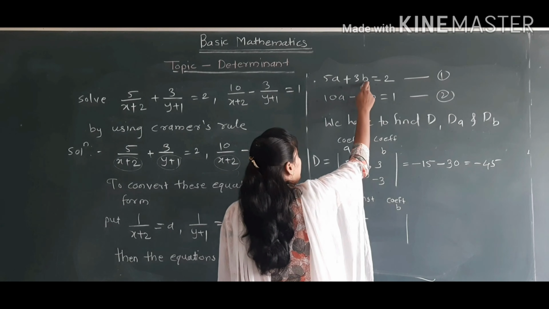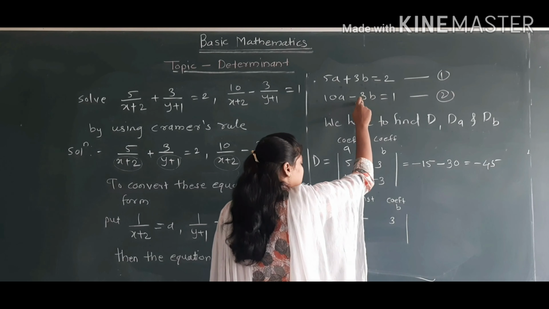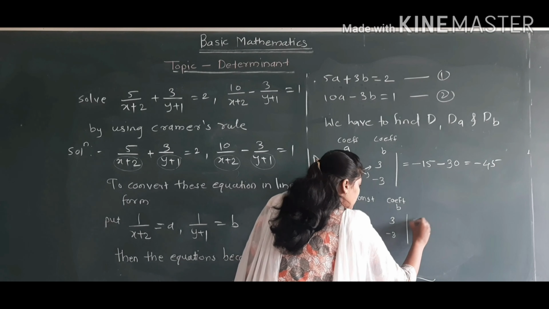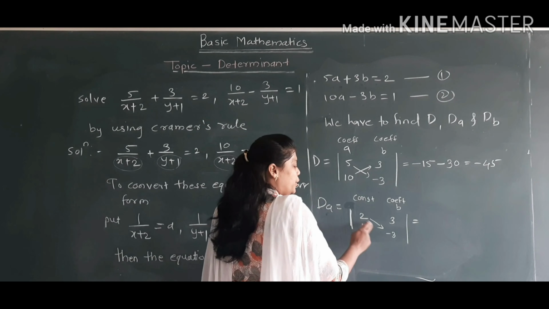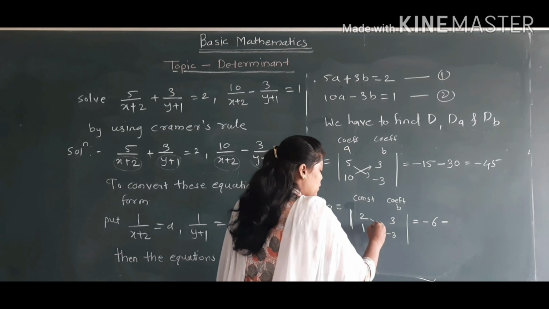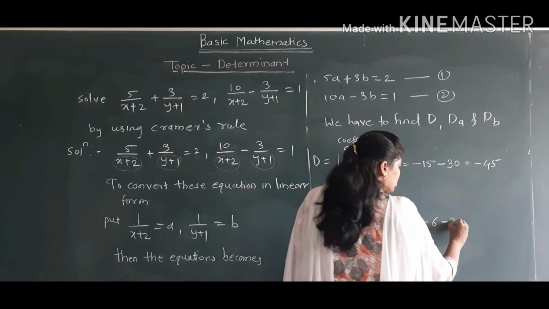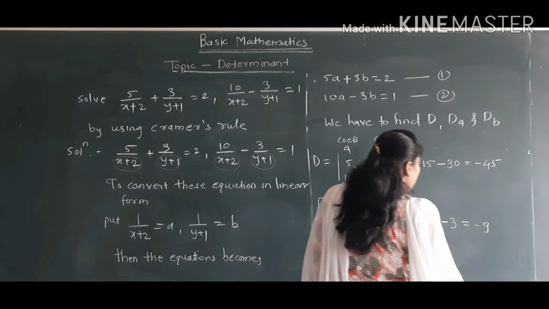The coefficient of b is 3 in the first equation and minus 3 in the second equation. Solve this second order determinant. Multiply 2 into minus 3, minus 6, minus 1 into 3, minus 6 minus 3. The answer is minus 9.